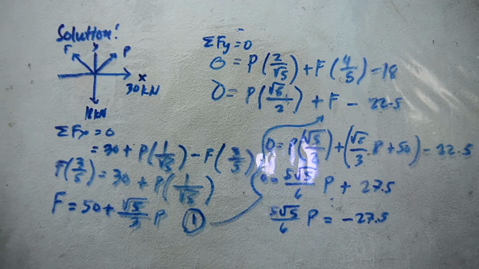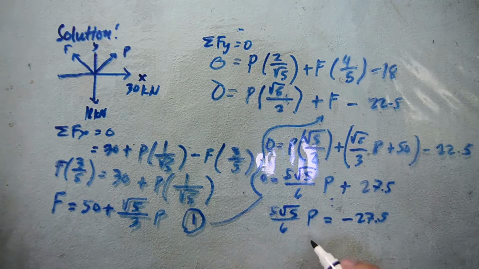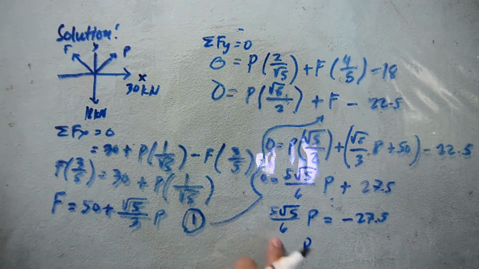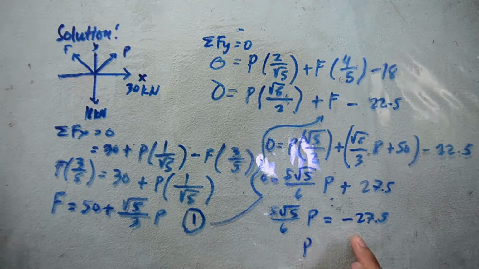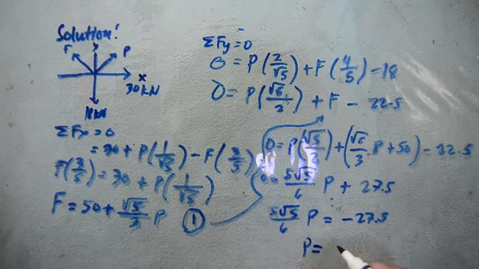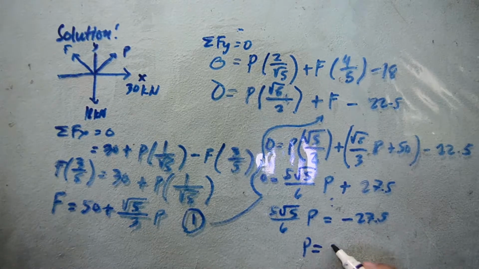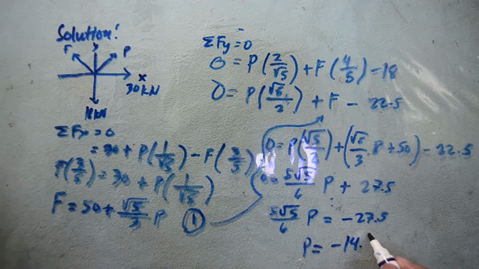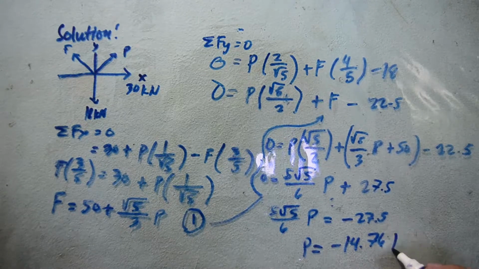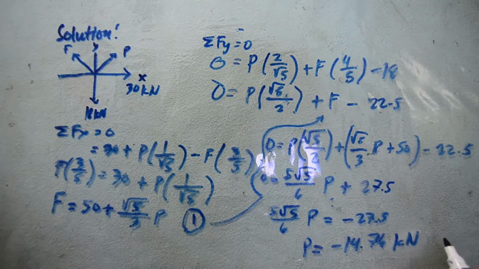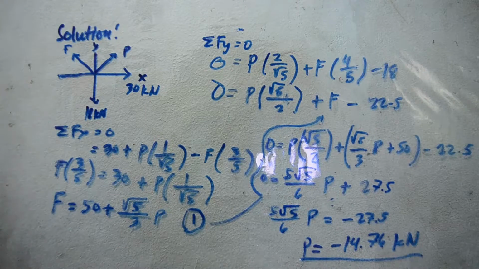Therefore, our answer in p, where we multiplied it by 6 and divided by 5 square root of 5, p is equal to negative 14.76 kilonewton. So this is the value of p.